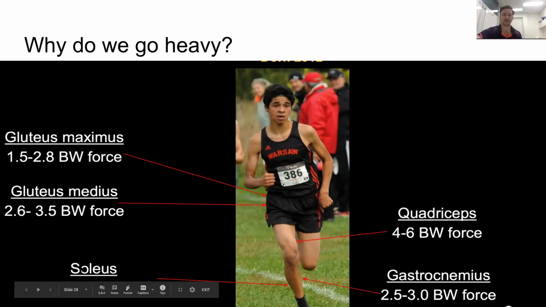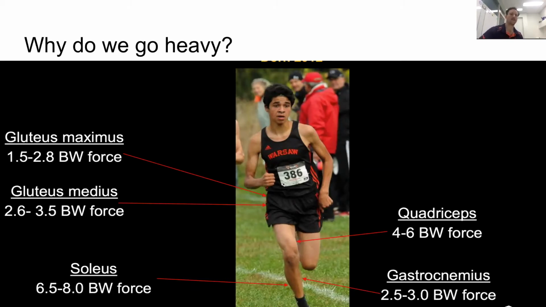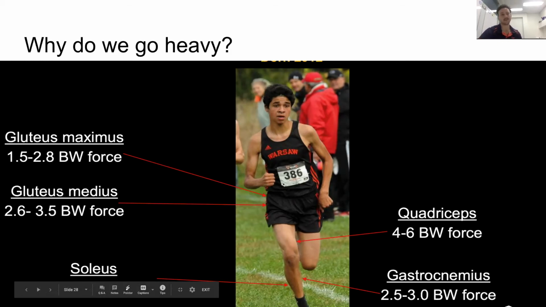So it's really important that we get our calf complex as strong as possible, and that means doing calf raises that exceed our body weight. Our glute muscles actually don't take too much force in comparison. So we really want our athlete to be extremely strong in the calves. Quadriceps takes quite a lot too, 4 to 6 times body weight. I thought that was pretty interesting.